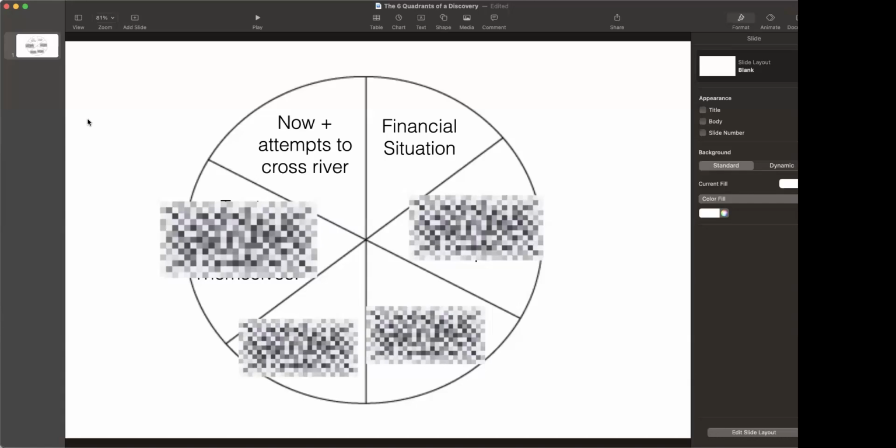Like, what if I connect all the dots and the light bulb goes off for you and we're the best person to help you? Why do I need to manipulate you? I don't. You just told me these are your problems. You told me this is what you want to accomplish. We figured out why you've screwed this up in the past. You're not willing to make that same mistake again.